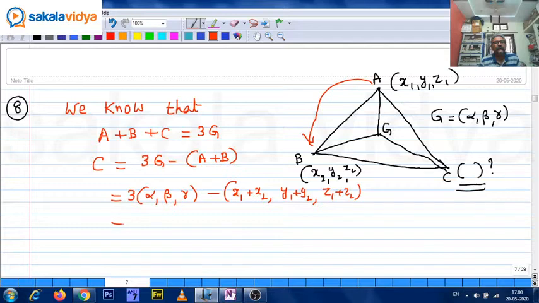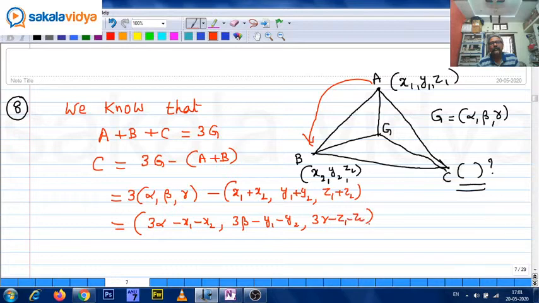So this equals (3 alpha minus x1 minus x2, 3 beta minus y1 minus y2, 3 gamma minus z1 minus z2). This formula can be used when two of the vertices of the triangle are given and its centroid is given. Easily the third vertex we can evaluate with the help of this concept.